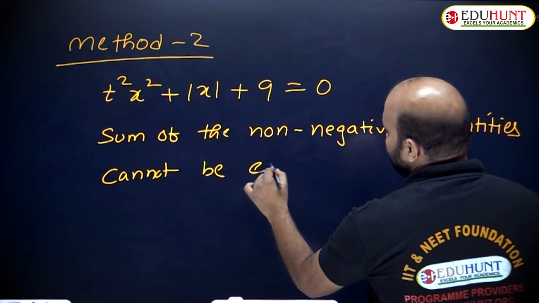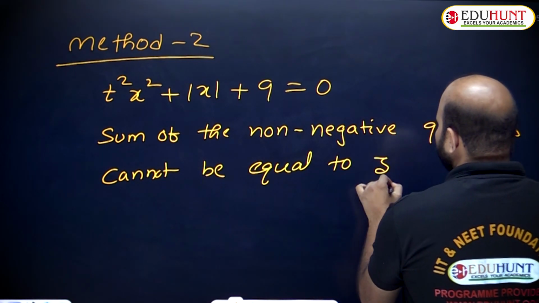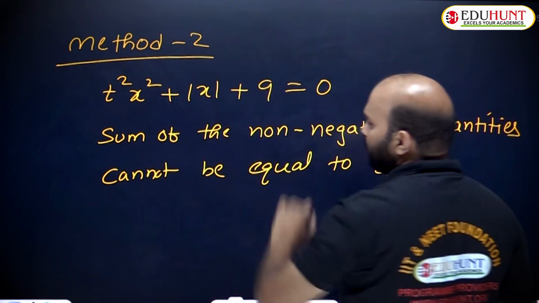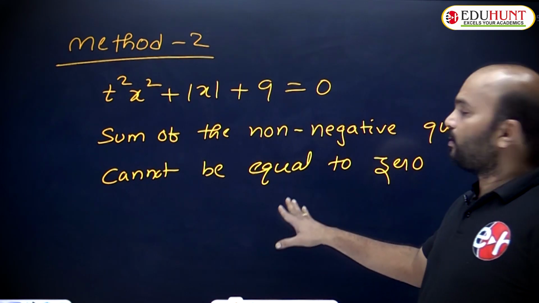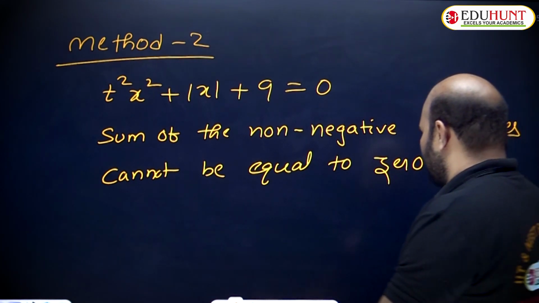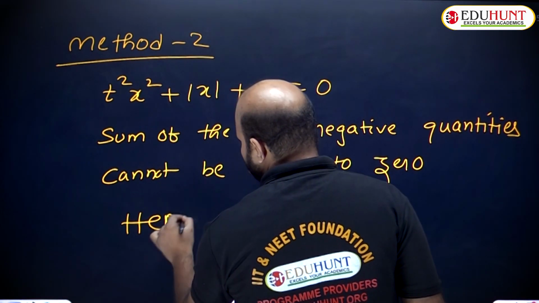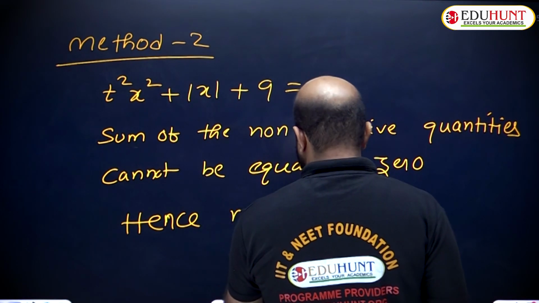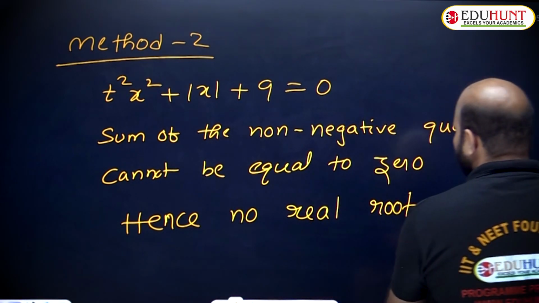Sorry, cannot be equal to 0. These are three non-negative quantities given here. The sum of the three non-negative quantities cannot be equal to 0. Hence no real roots exist. Hence no real roots.